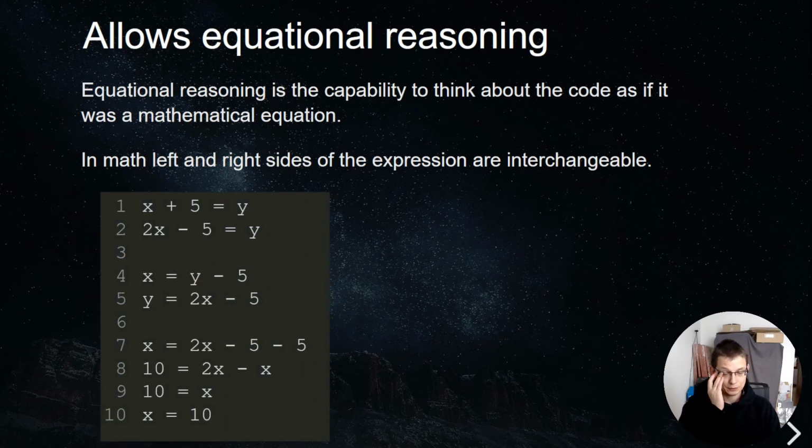So if we have an expression like x plus 5 equals y, and 2x minus 5 also equals y, we can basically solve this pair of equations by moving things around. Here we just do x equals y minus 5, which is you take the 5 and move it to the right side and change the sign.